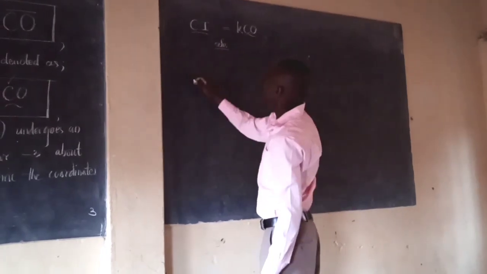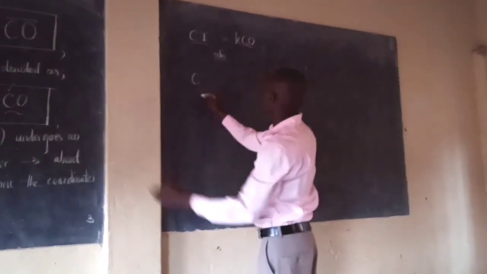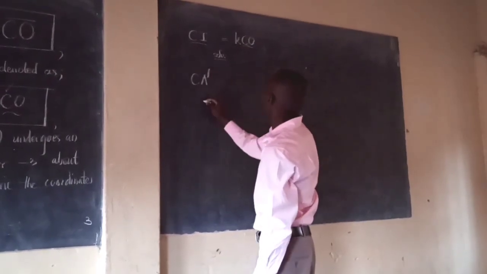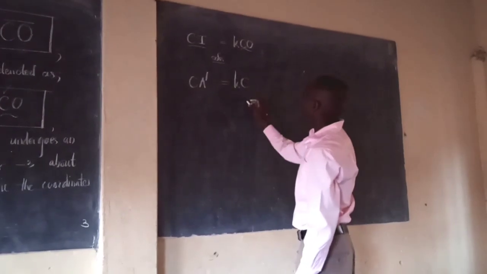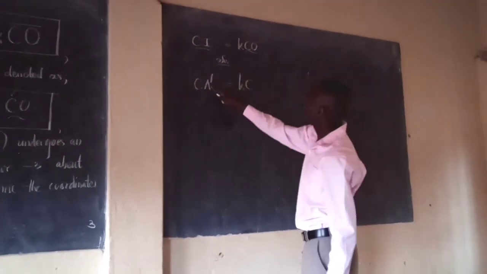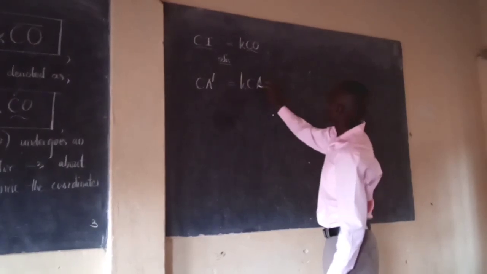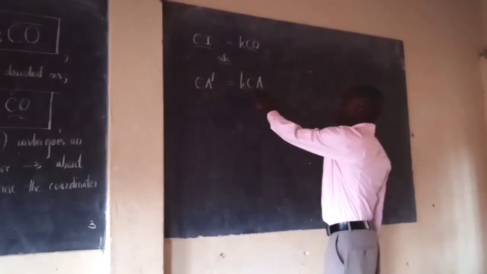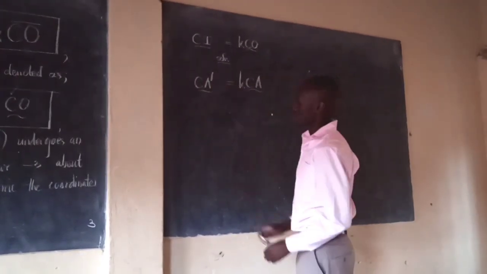So our center is the origin, that one we leave it as the center. Our image is A prime. Our scale factor remains K. Our center is C, but our object, if the image is A prime, it automatically means the object was A. Object is A, its image is A prime. These are put down as vectors.